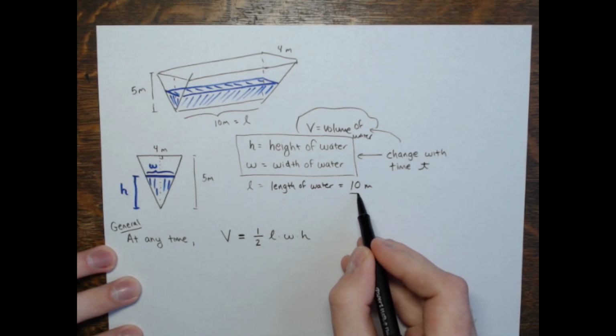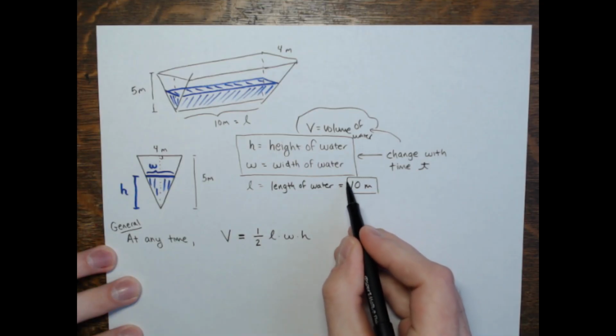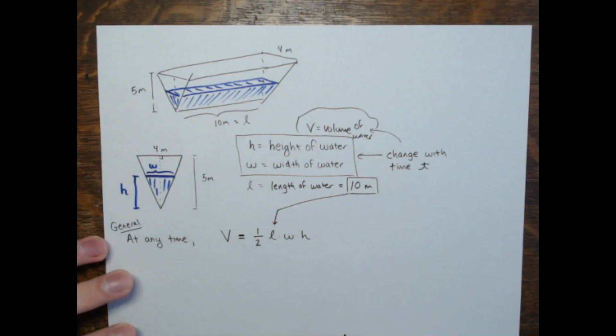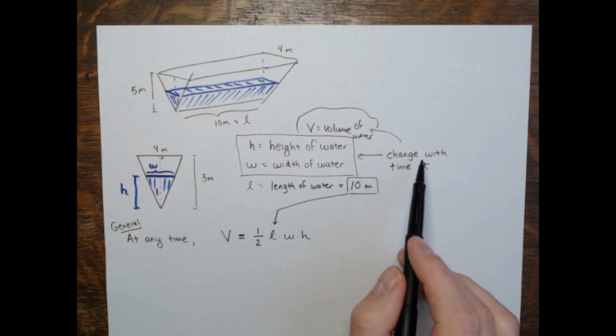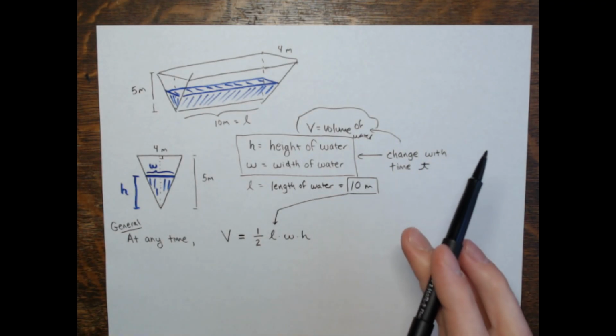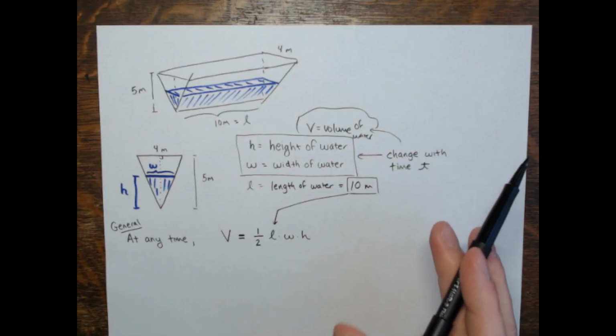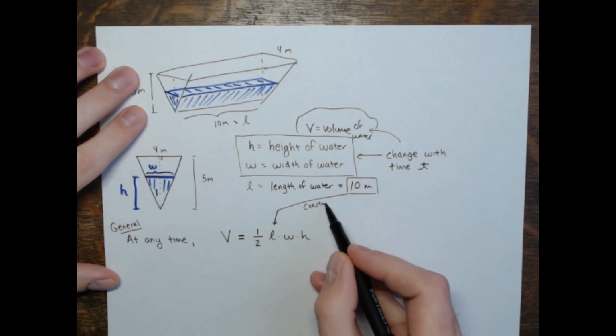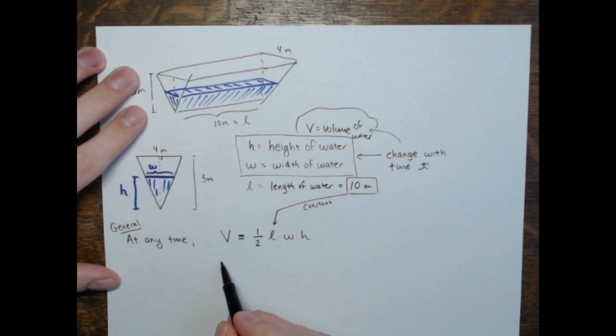Now, I told you that length wouldn't change, so anything that remains constant in these problems, I'm going to fill in because it's not going to change. The only ones I care about are the quantities that actually change with time, that actually are functions of time. So again, the length is constant, so I'm going to plug that in. And so we have this relationship now.